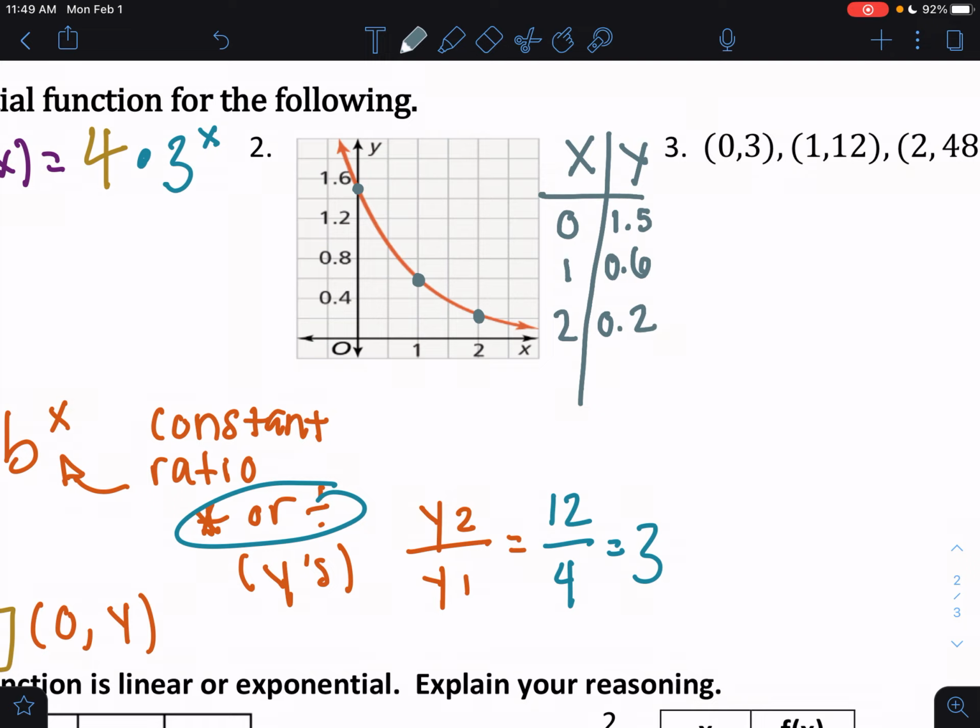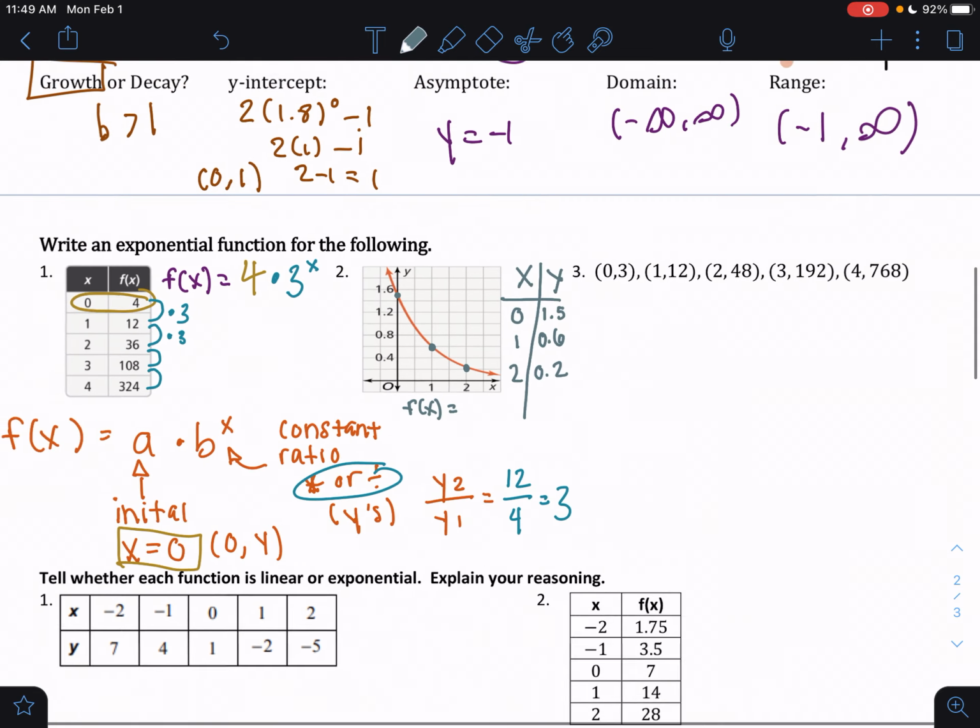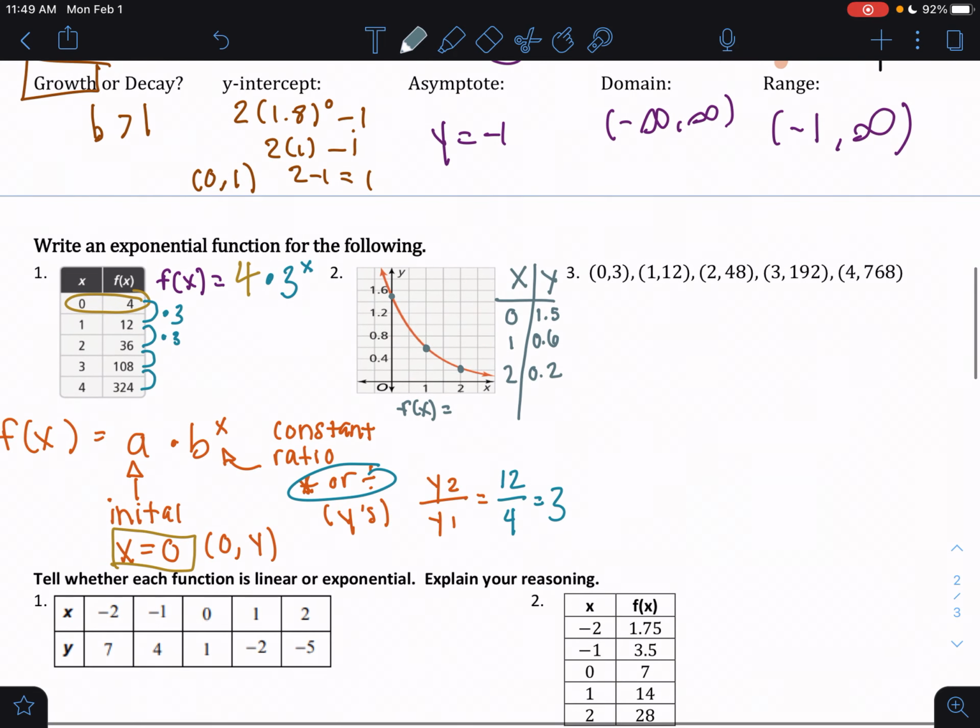So now let's write our equation. So f of x equals, so what is our a? Remember, let me zoom out, a is when x equals 0. So our a is 1.5. Now what is our b? The b is the ratio. So this one, it's not as clear what we are dividing by or multiplying by each time. So to figure this out, I'm going to take 0.6 and divide it by 1.5.